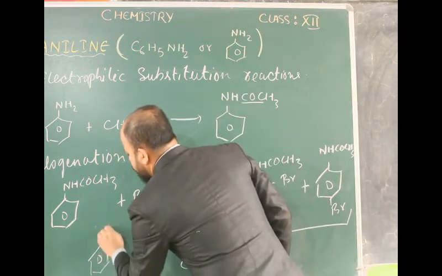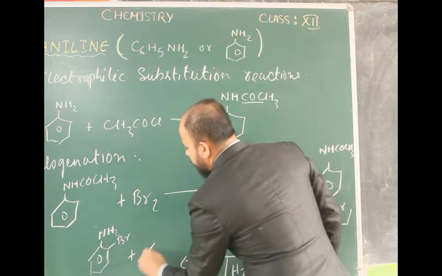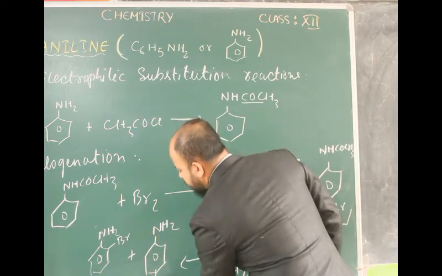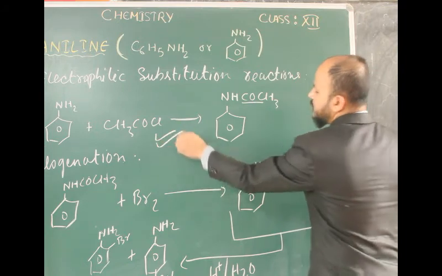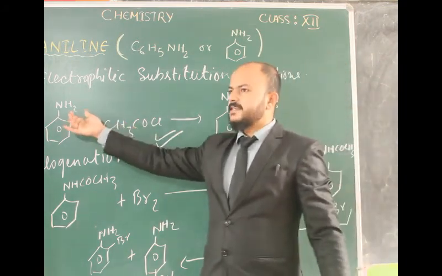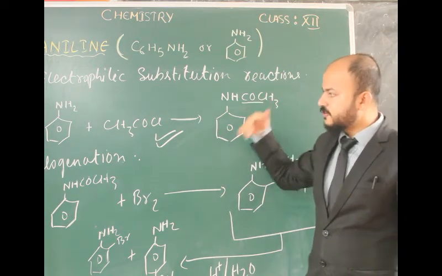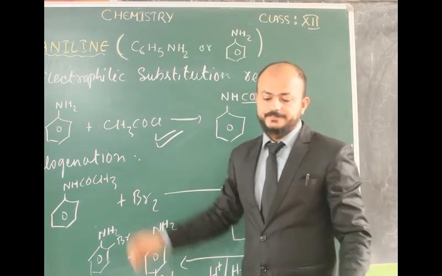That is, the NH2 group will come back, and here you will be getting bromine, ortho substituted and para substituted aniline. So the most important step here is this part. If you want to get mono substituted product, at first this has to be protected, and after that you have to carry out the halogenation or nitration or sulfonation.